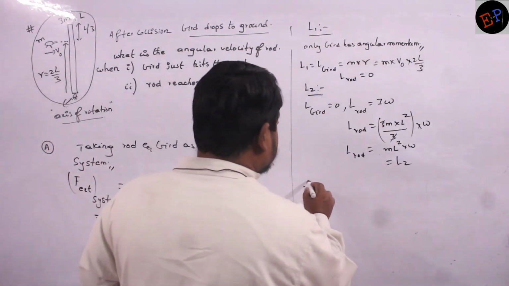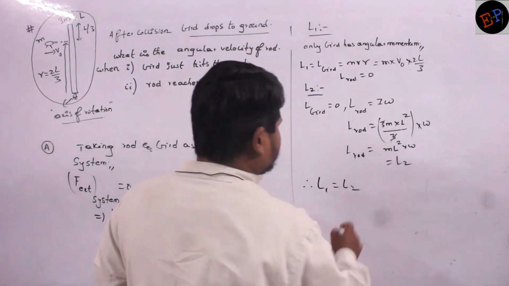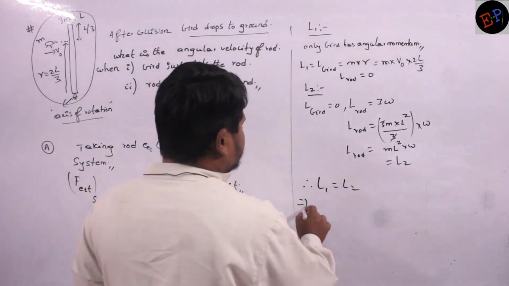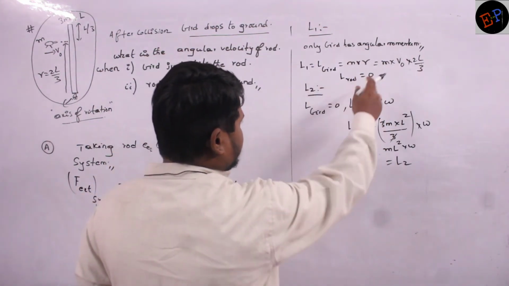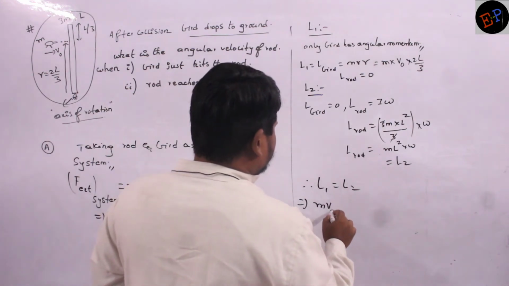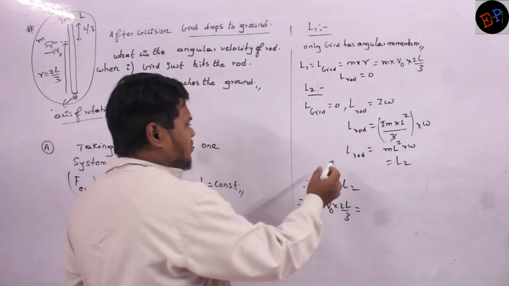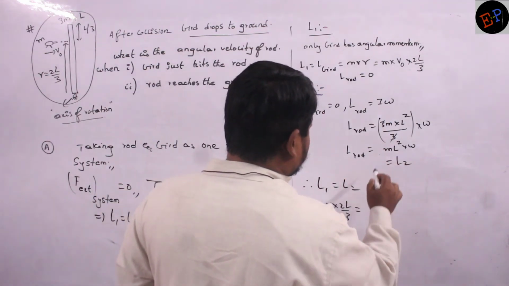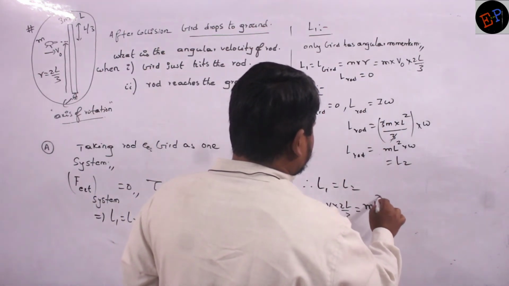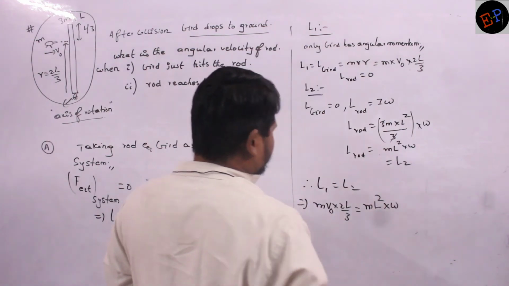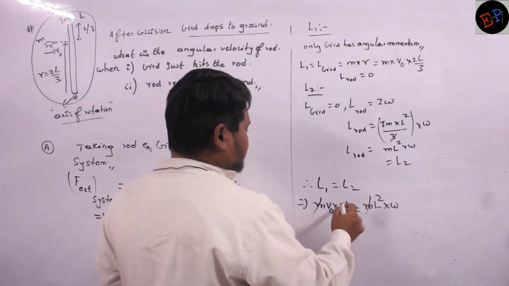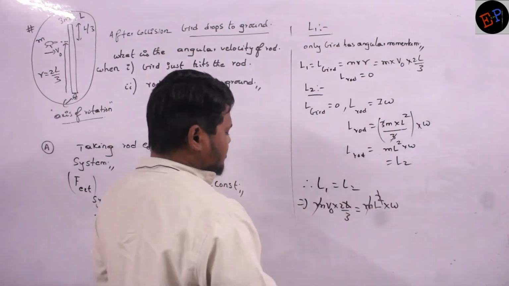So therefore I can say that L1 is equal to L2. Initially only the bird has angular momentum, mv0 into 2l by 3, which equals, finally only the rod has angular momentum, ml square multiplied by omega. So mass and mass, and L and one L get cancelled.